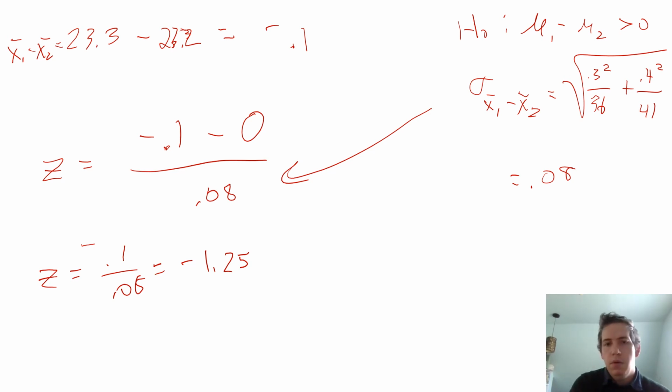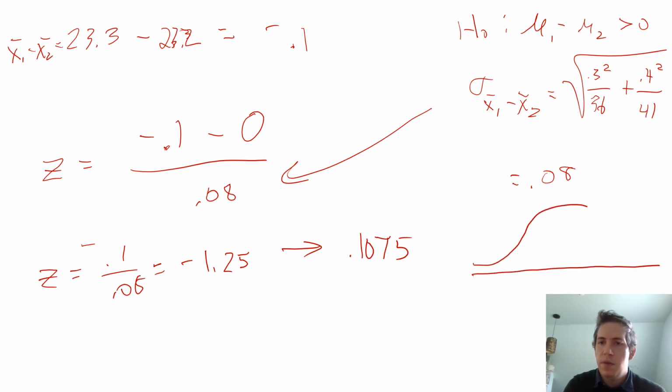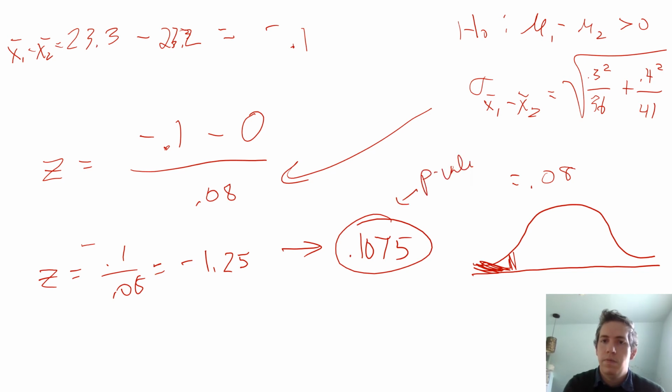I looked that up on the table, and I get 0.1075. Remember that the alternative hypothesis was less than 0, so we're looking for the area to the left. So this is actually our p-value. Our p-value in this case is bigger than our level of significance, bigger than our alpha, so we fail to reject.